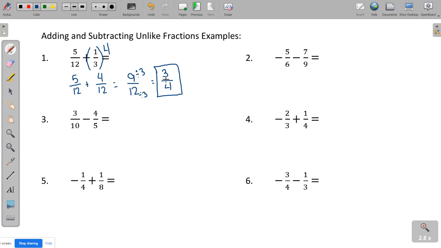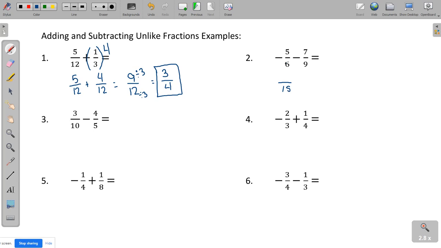Let's look at number 2. We have 6 and 9. Is there a way we can take 6 and multiply it by something to give us 9? There's not. So now we have to think of what number both go into. What number do 6 and 9 both go into? That would be 18.